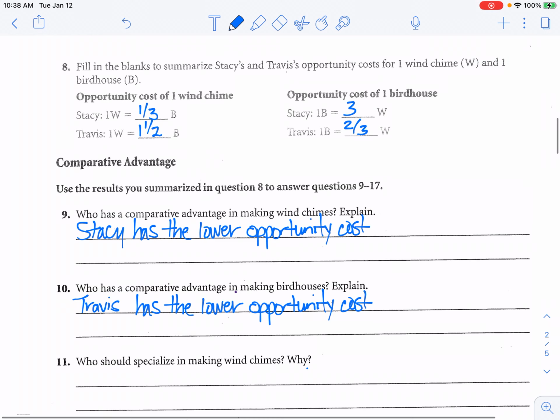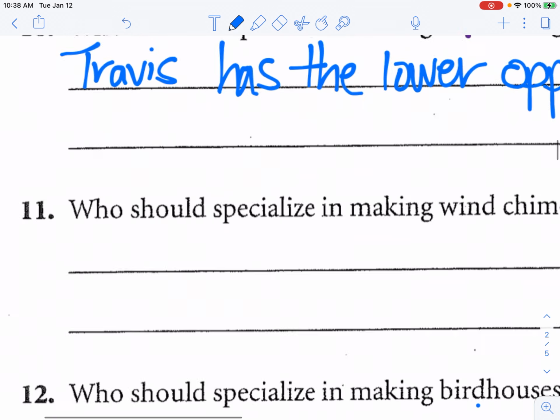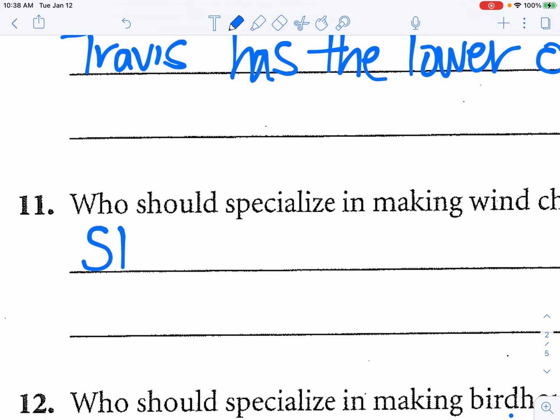So then we might be asked the question, well, should we have them specialize and produce what they're best at? Or should we have them each producing wind chimes and birdhouses? So if we're asking who should specialize in making the wind chimes, we want it to be Stacy, because she has the comparative advantage.